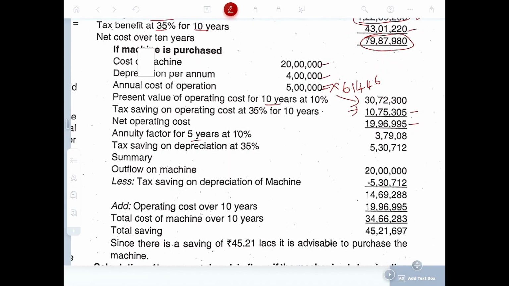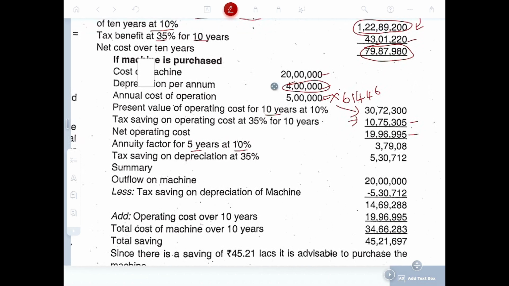The annuity factor of 5 years at 10 percentage. That is the depreciation rate. 5 years at 10%, 3 lakhs 70,000 tax savings at 30%. How do you get 3 lakhs at 10%?